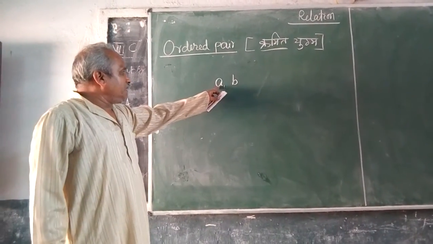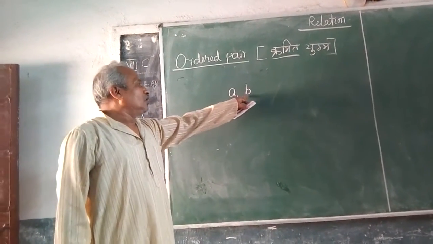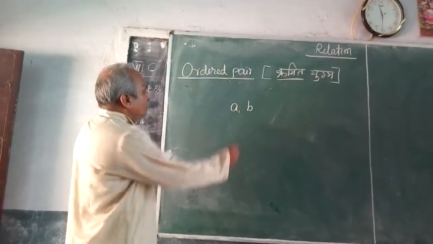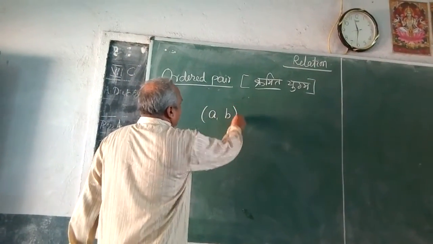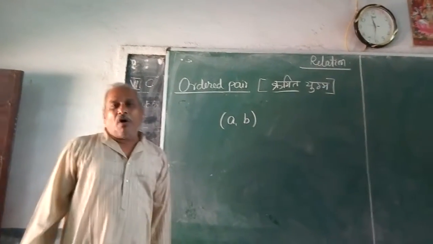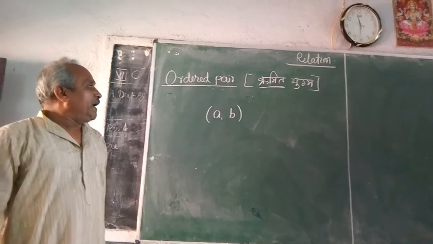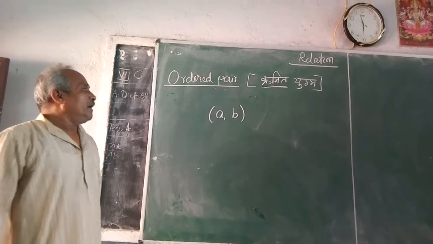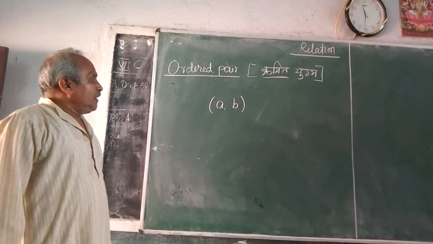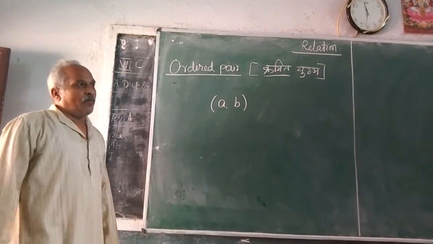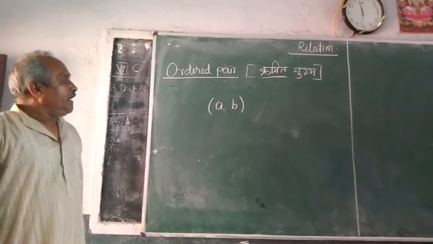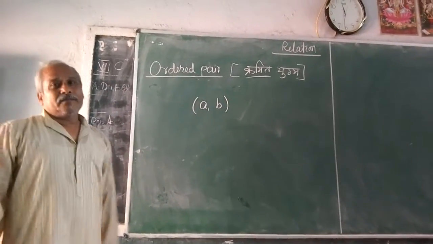On the first place there is A, on the second place there is B. If this is written inside the small bracket, then it is called the ordered pair AB. Okay, so an ordered pair is a pair of elements or objects in a fixed order.